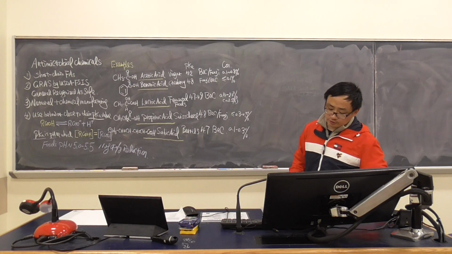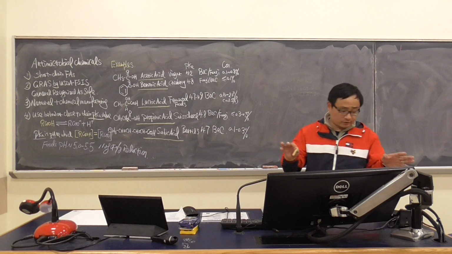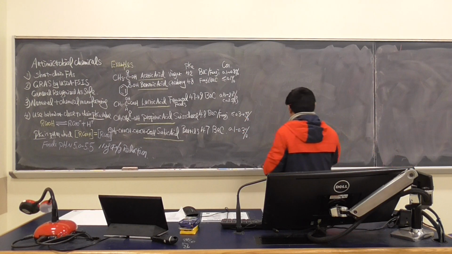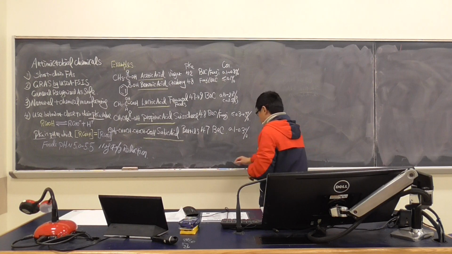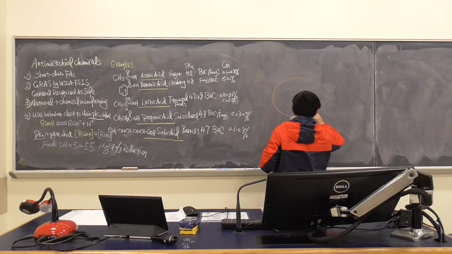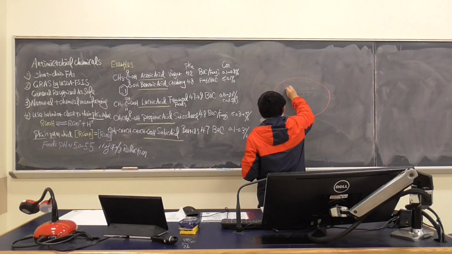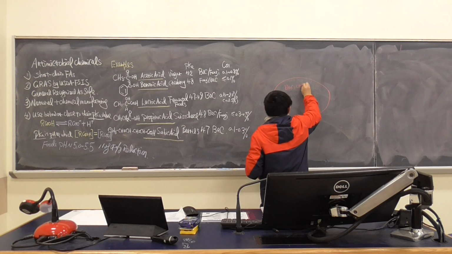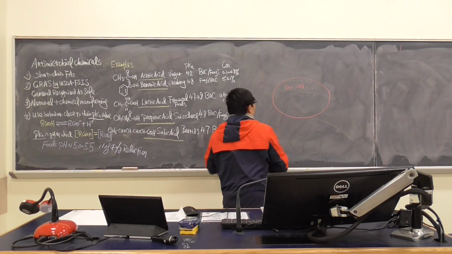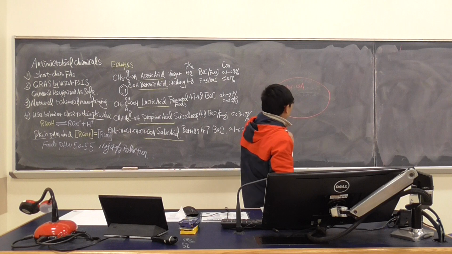Now we want to explain to you a little bit about the mechanism for them to inhibit or kill bacteria. We can draw here, let's say, a bacterial cell. And they have internal and external, that's outside of the cell wall.